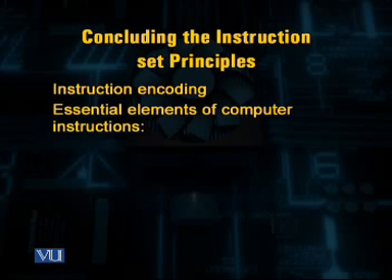Then we talked about the MIPS instruction set format, which supports basically 8-bit, 16-bit, 32-bit, and 64-bit operands, and three major types of instructions: the J-type instruction, the I-type instruction, and the R-type instruction. It also supports arithmetic and logical instructions, data transfer operations, and control flow operations.